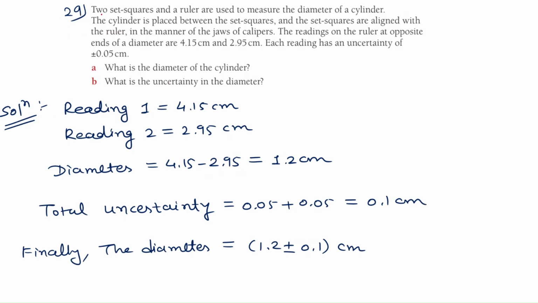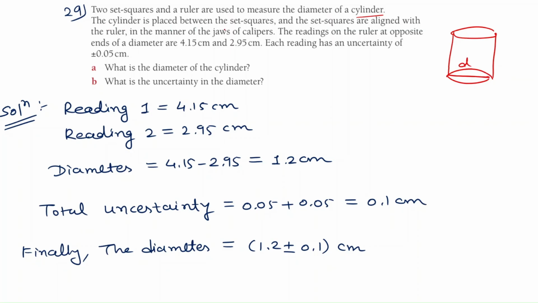In question number 29, two set squares and a rule are used to measure the diameter of a cylinder. The cylinder is like this, and you have to just measure its diameter.